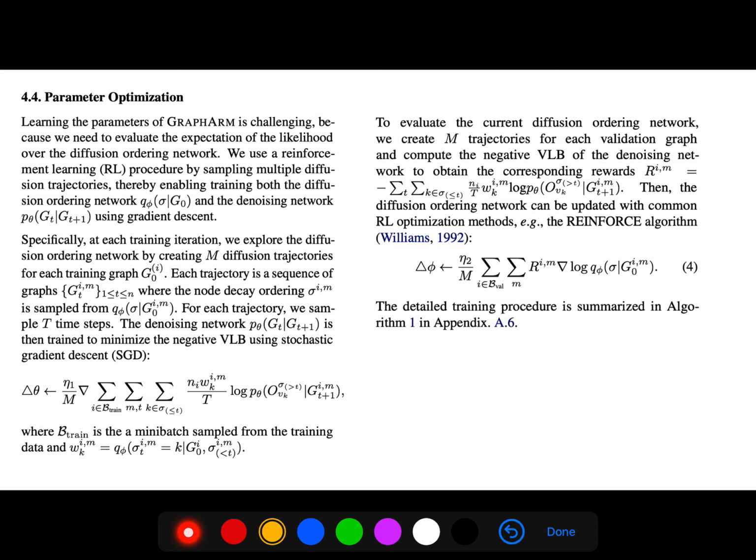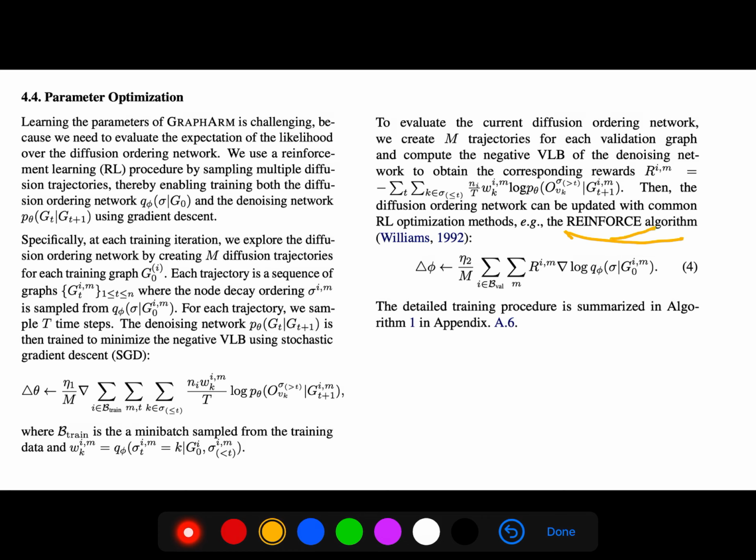In each training iteration, we explore the diffusion ordering network by creating M diffusion trajectories for each training graph. But for learning, they used REINFORCE. The diffusion ordering network can be updated with the common reinforcement learning.